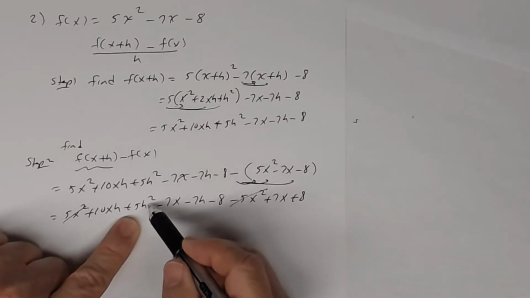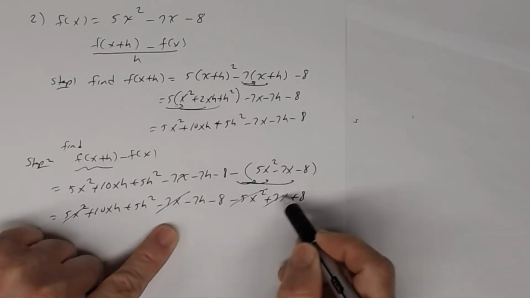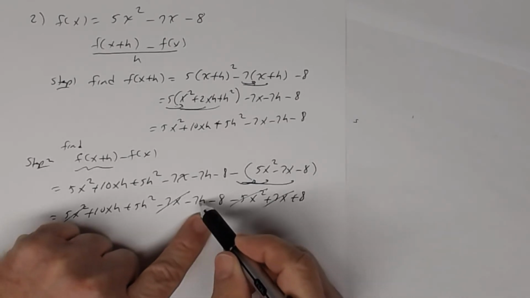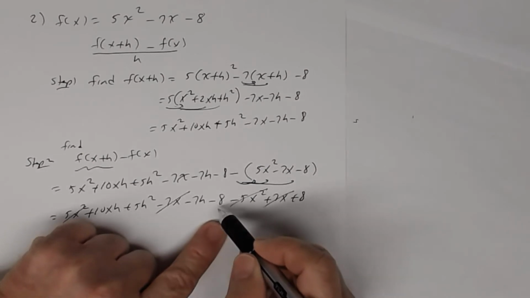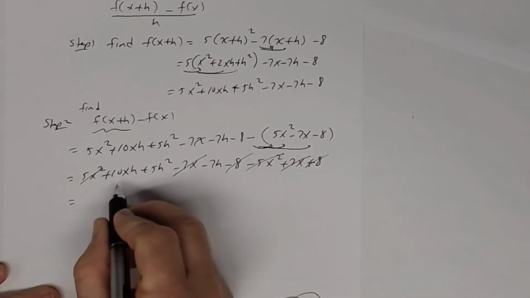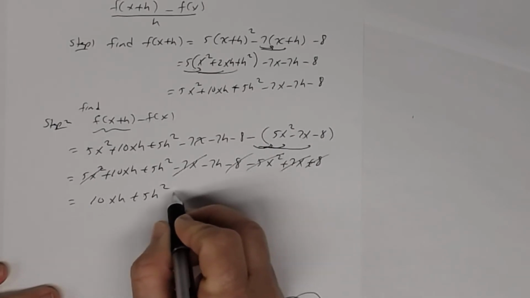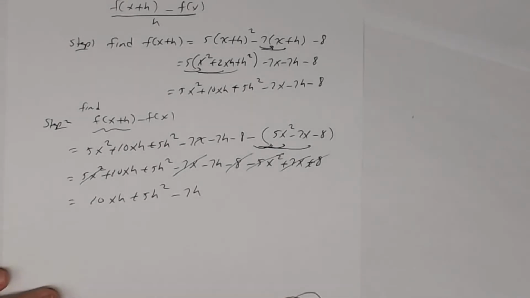That has a factor of h. In fact, it has 2 of them. That does not. Negative 7x, positive 7x. That has a factor of h. This does not. A negative 8, positive 8. And what you have left is this. So you have 10xh plus 5h squared minus 7h, right? All right, so that's what you have left.